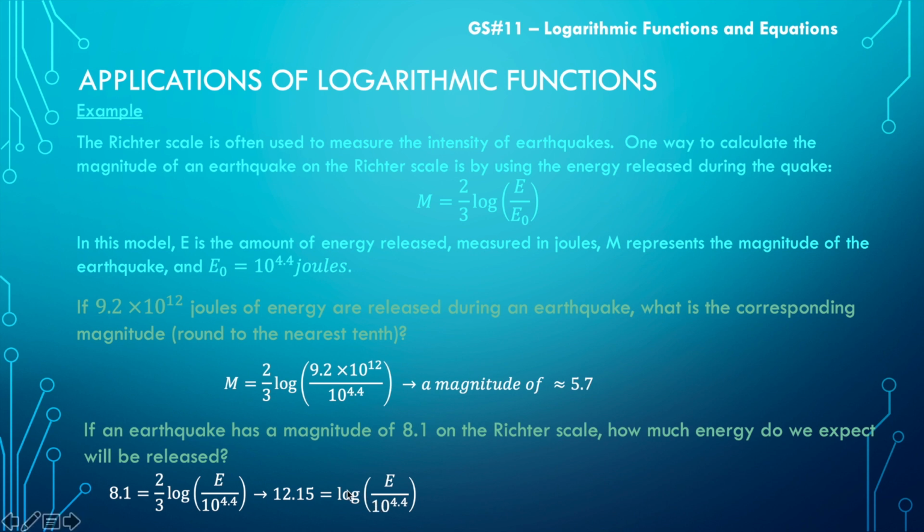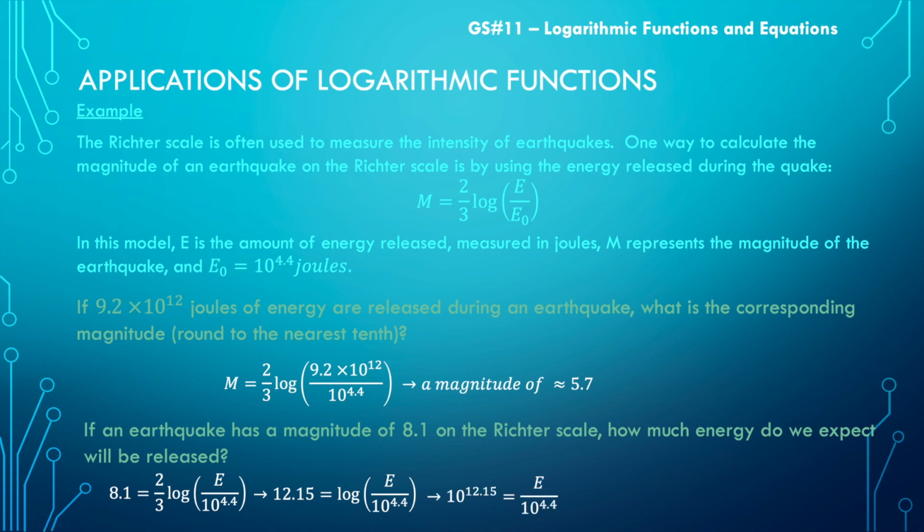Notice we have a single log is equal to a constant. If we have the equation in that form, let's rewrite it in exponential form. So we could say that that is the same as 10 raised to the 12.15 is equal to E over 10 raised to the 4.4.